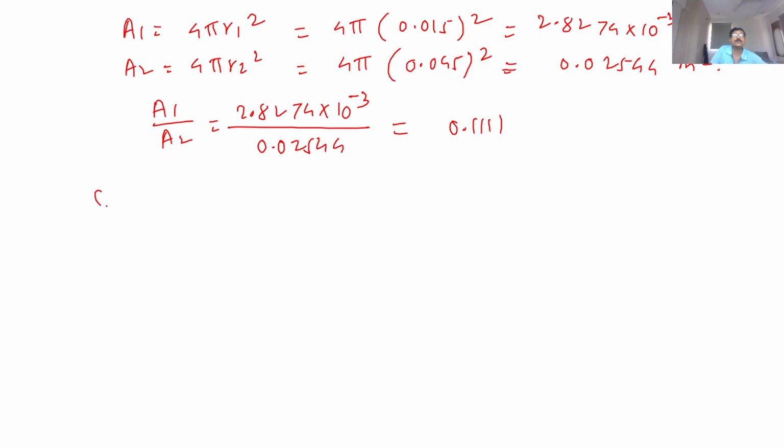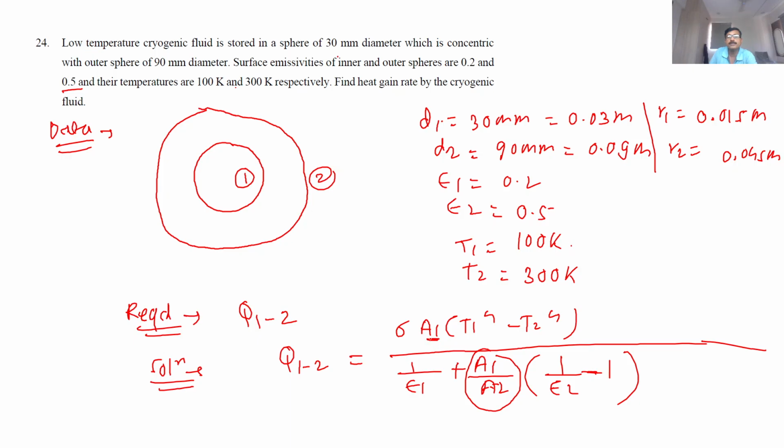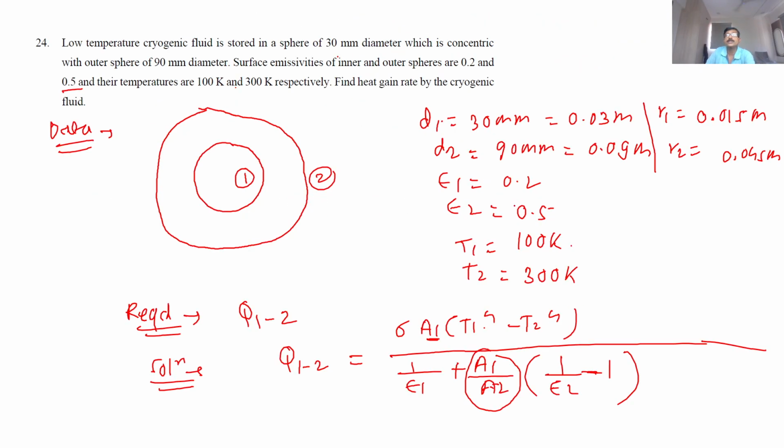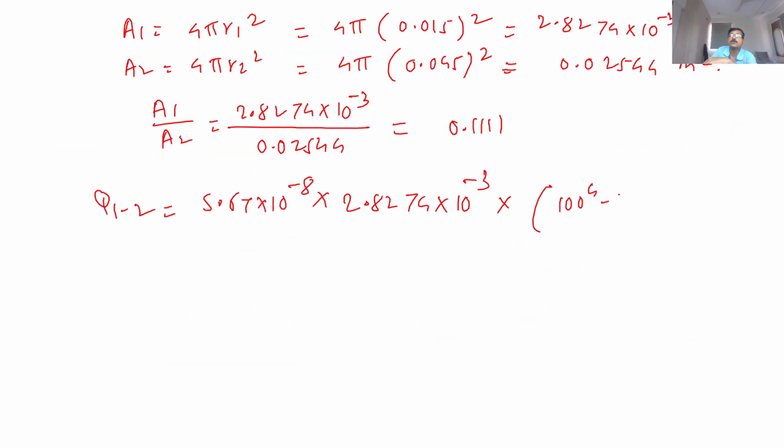Let's do the substitution. Sigma 5.67 into 10 raised to minus 8, A1 is 2.8274 into 10 raised to minus 3, into T1 raised to 4 minus T2 raised to 4. T1 is 100 and T2 is 300, so 100 raised to 4 minus 300 raised to 4; this should be in Kelvin, and the values are already in Kelvin.